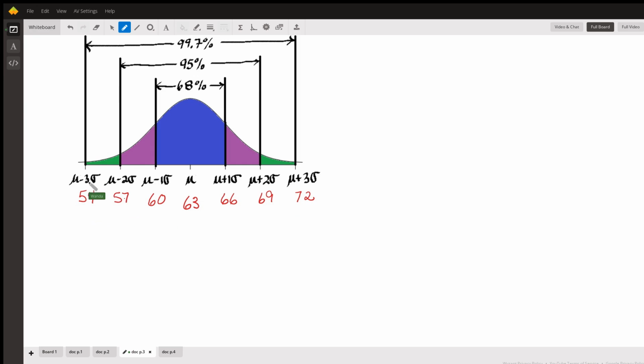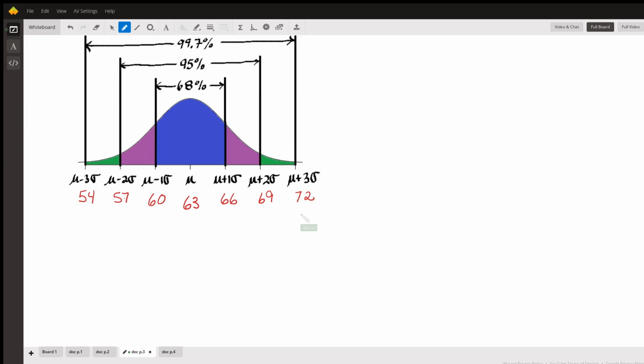So you want to be able to calculate these numbers for any specific normal distribution. In this case, on about 99.7% of all the days, the number of requests to change a light bulb is between 54 and 72.